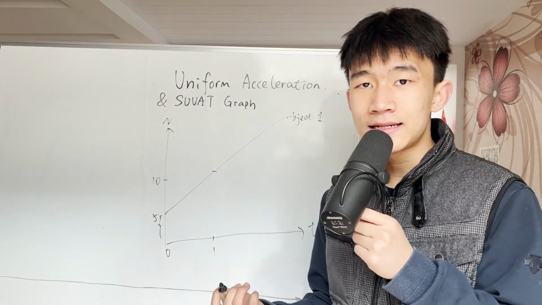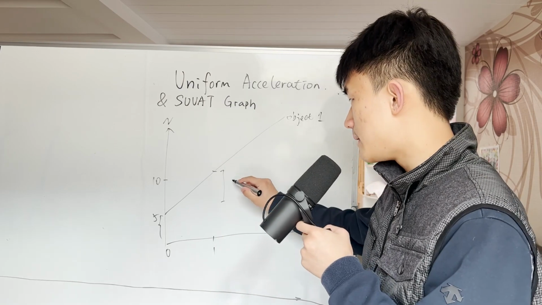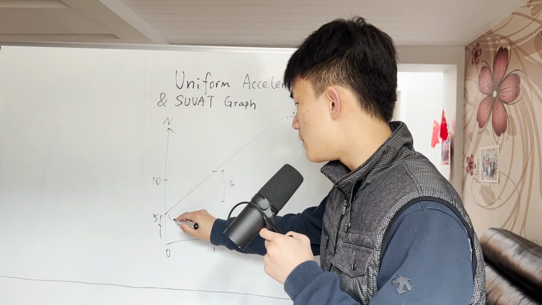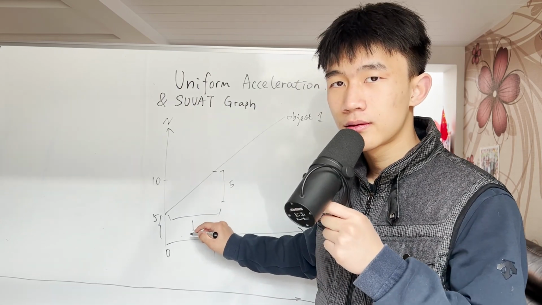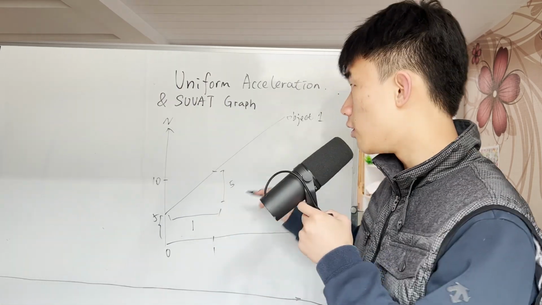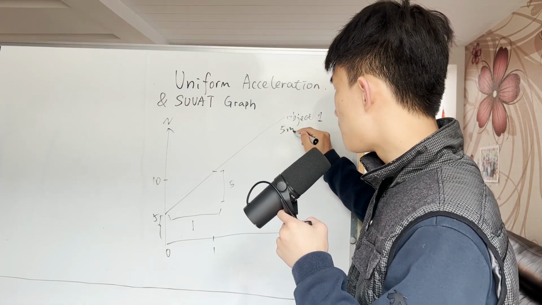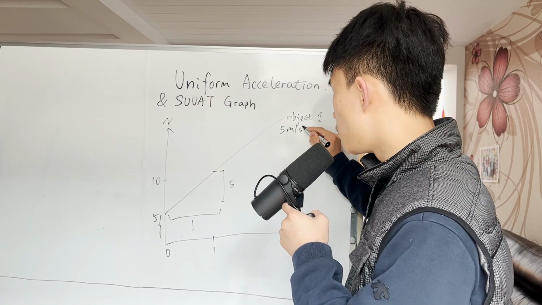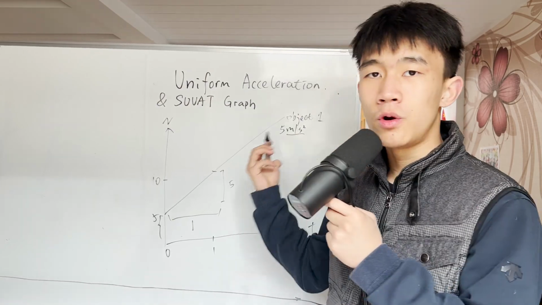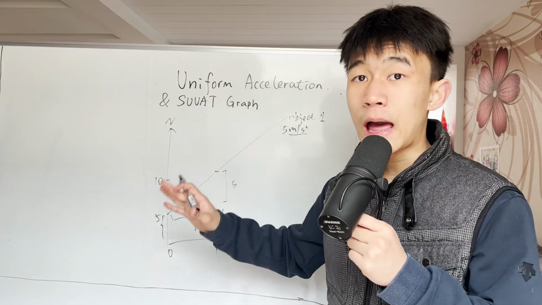To calculate the acceleration, we just take the change of velocity, which is 10 minus 5, and divide it by the change of time, 1 minus 0, which is 1. So we got our acceleration, which is equal to 5 meters per second squared. If you don't know what this quantity means, just go back and watch my last video. These are the recap from the last video.